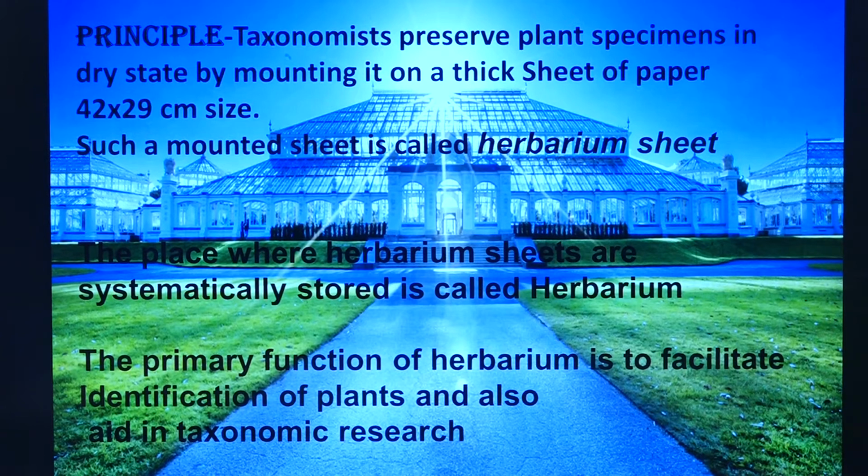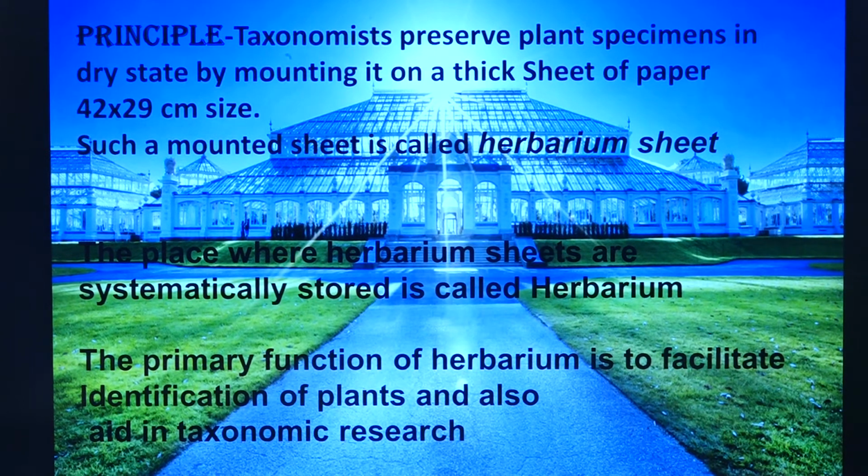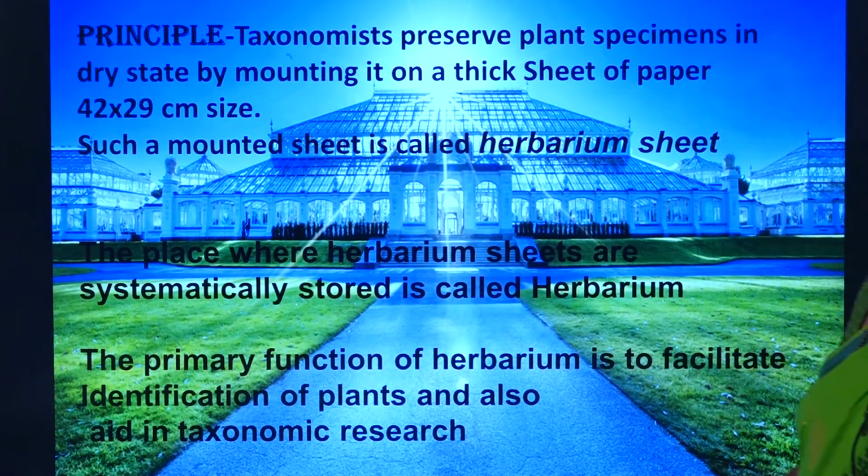Such a mounted sheet is called a herbarium sheet, but the place where the herbarium sheets are systematically stored is called a herbarium. The primary function of a herbarium is to facilitate identification of the plants and also to aid in taxonomic research.